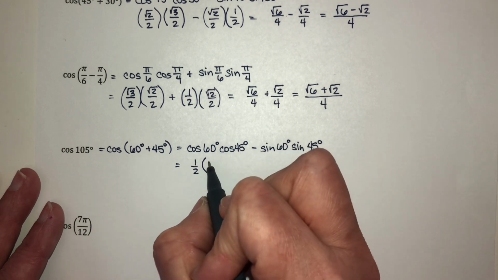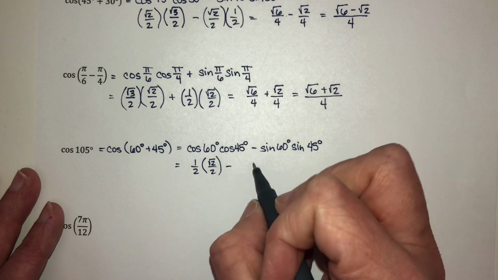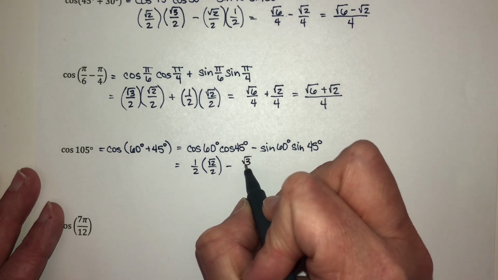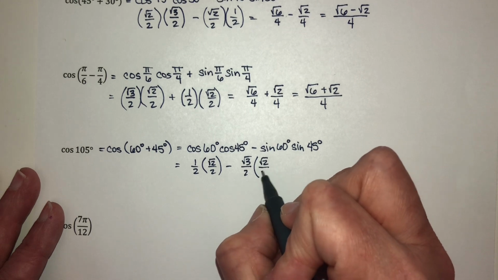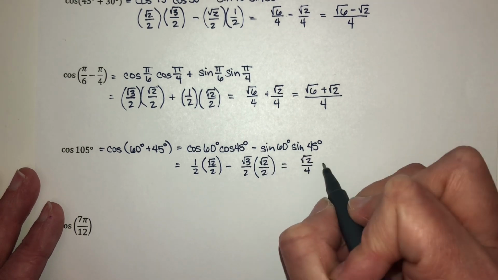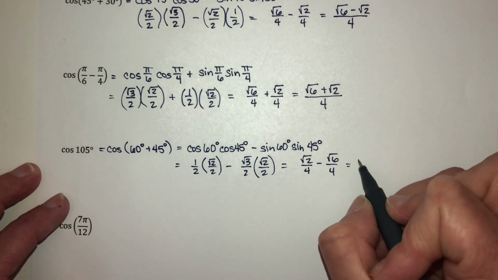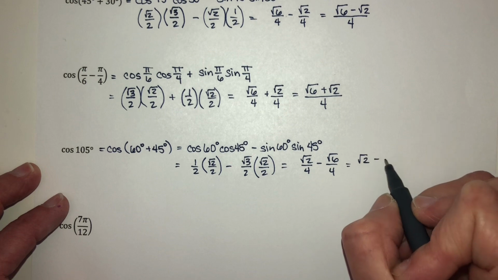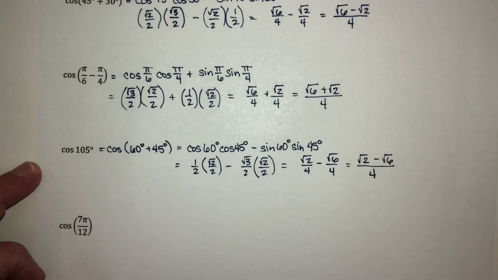Cosine of 45, square root 2 over 2, minus square root 3 over 2 times square root 2 over 2. So we have square root 2 over 4 minus square root 6 over 4. So square root 2 minus square root 6 over 4.